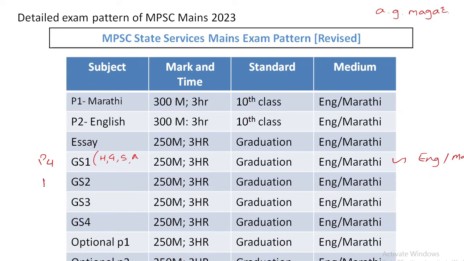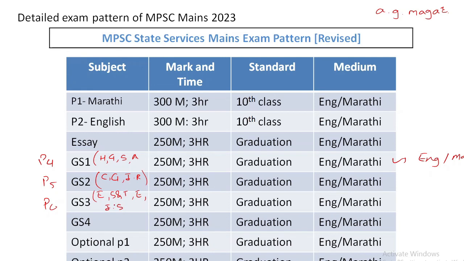Now let's move to paper 5. Paper 5 is your General Studies 2. This paper contains constitution, governance, and international relations. Other things are the same for GS2 also, like marks, standard, and medium. In GS3, you have economy, science and tech, environment, and I think internal security part is also there, and disaster management, which is a subtopic of environment also.